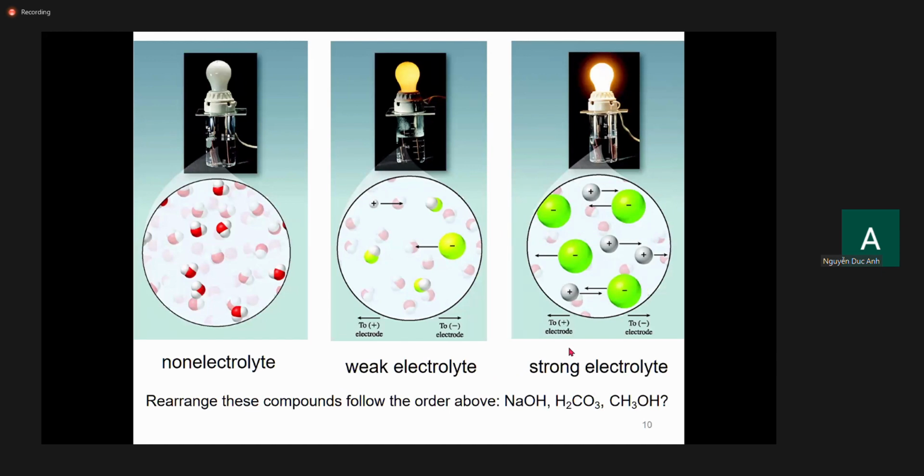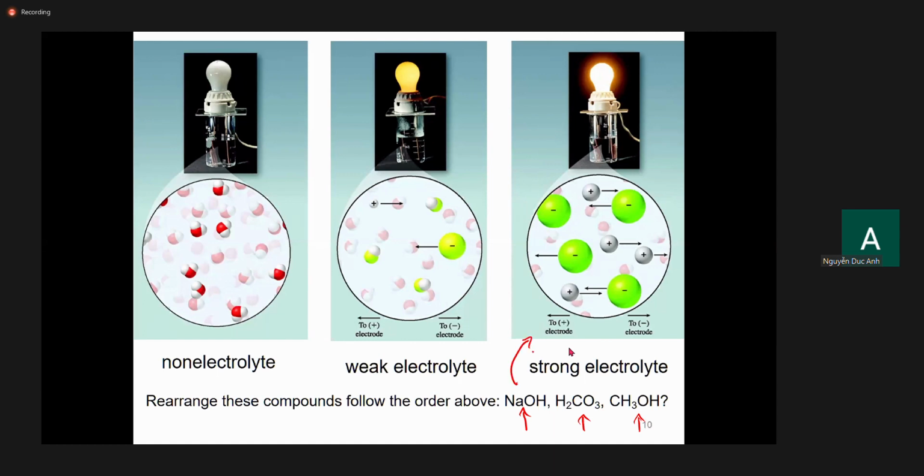This is the example we saw before, right? Now you have three types of electrolyte: non-electrolyte, weak electrolyte, and strong electrolyte, and you have to classify each substance into a type. Very simple. Sodium hydroxide is a strong base, which dissolves and ionizes very easily in solution, so it is a strong electrolyte.